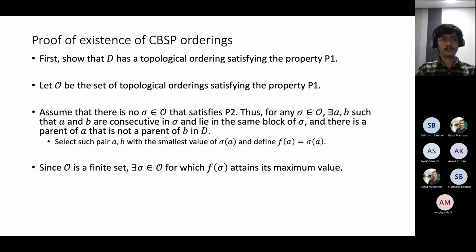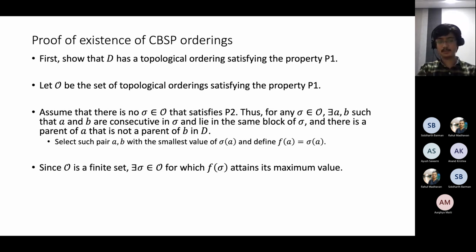Now, since O is a finite set, there is a finite set of topological orderings. They are countable. And since O is a finite set, there must be some topological ordering for which f of sigma attains its maximum value.